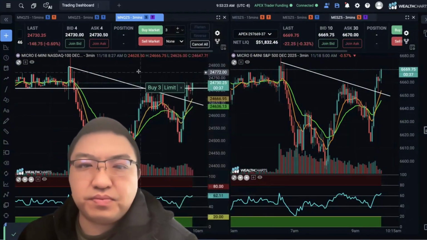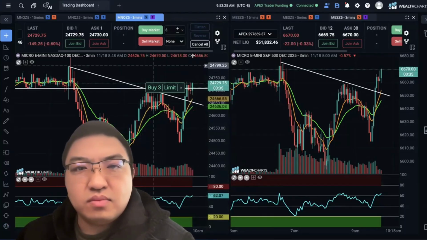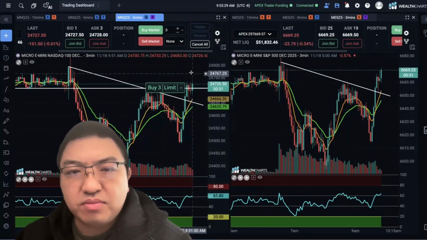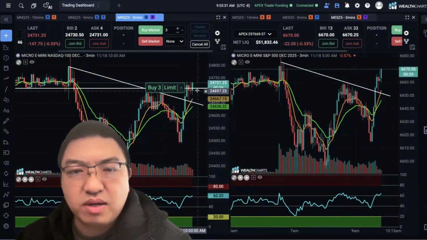Okay. ES is breaking out. Let's see if NQ will come back and pick us up.